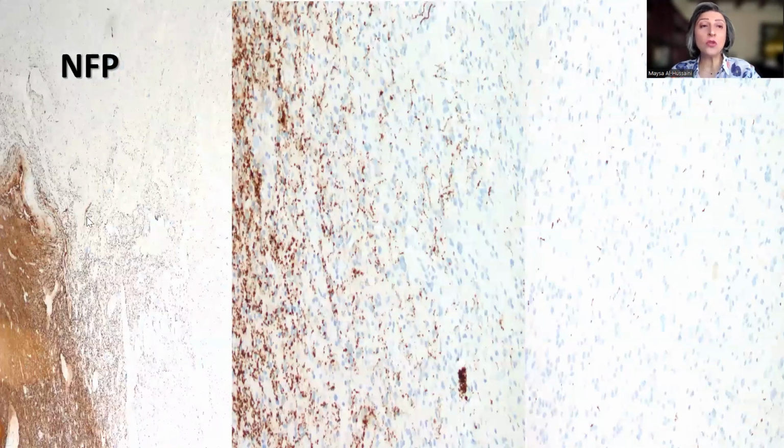So if we put them all together, neurofilament protein, this is the edge of the tumor, this is the normal, this is where the tumor really starts, but you can easily with a pen draw a line separating the normal from the tumor, which would not be the case with infiltrative gliomas. And then we have this area in between, and then finally we have the area where the tumor does not show evidence of infiltration, so it doesn't show evidence of neurofilament protein positivity.